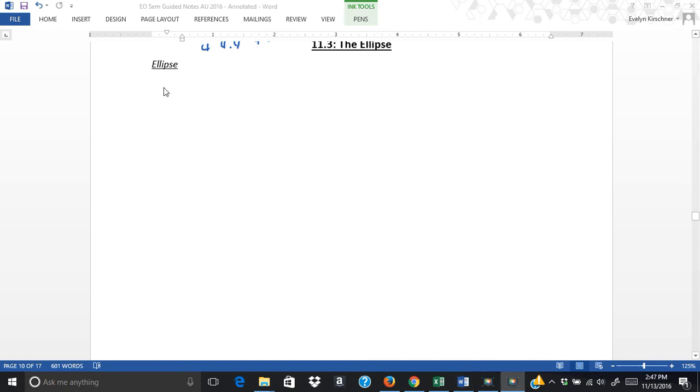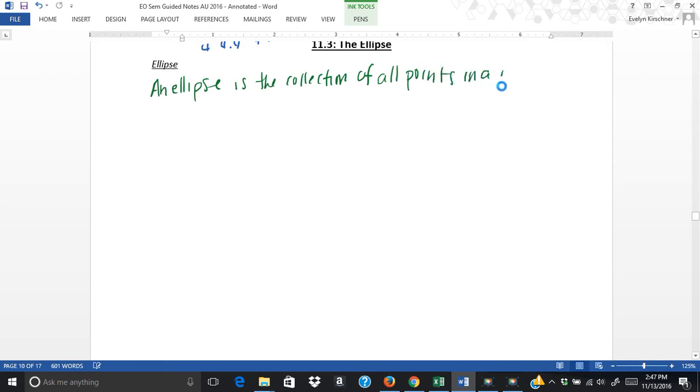Right, an ellipse is another conic. The ellipse is defined as the collection of points in a plane when you add the distance from two fixed points on the plane.